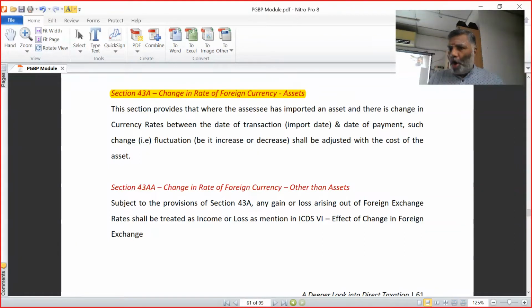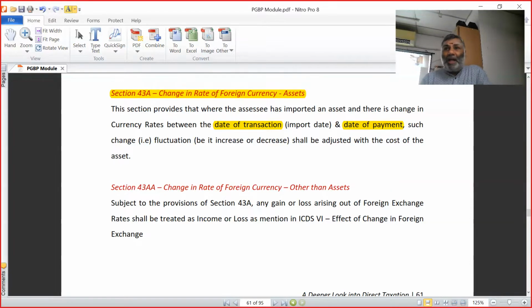First, I will record it on the date of transaction. And then on the date of payment, there is no concept of restatement here. The increase or decrease will be adjusted with the cost of the asset. Even if that asset is not there in the block also, I will adjust it in the block.